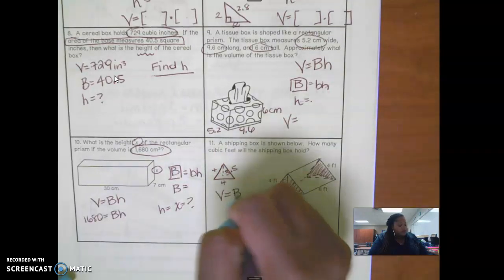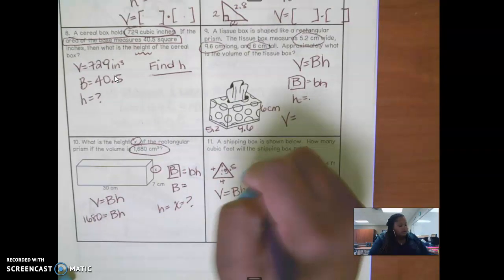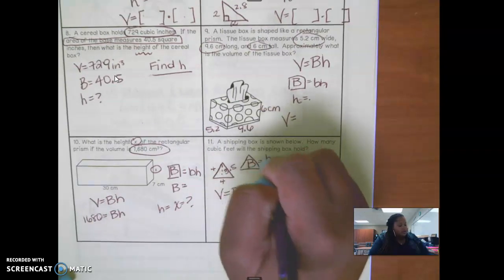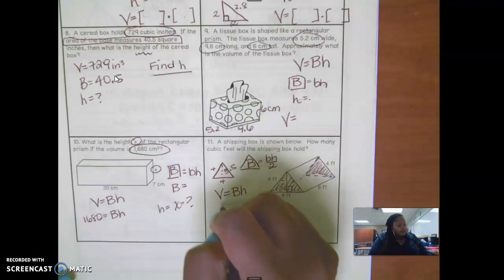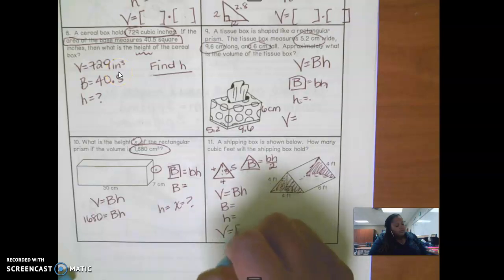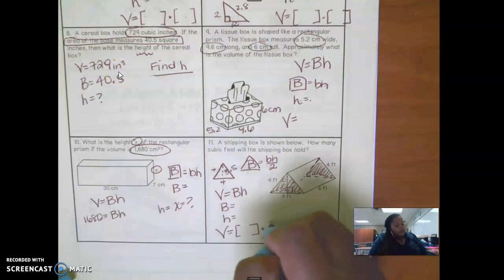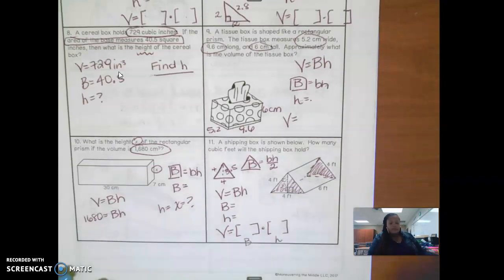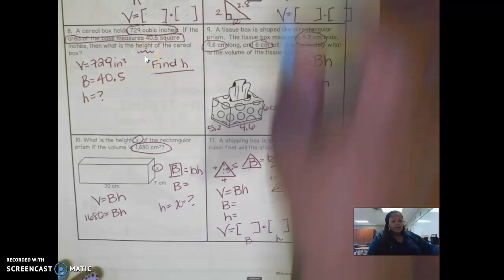Volume equals big BH. So my big B is a triangle, so base times height by 2. Plug in big B, plug in H, and then multiply big B times H. Okay, let's go to the next one.